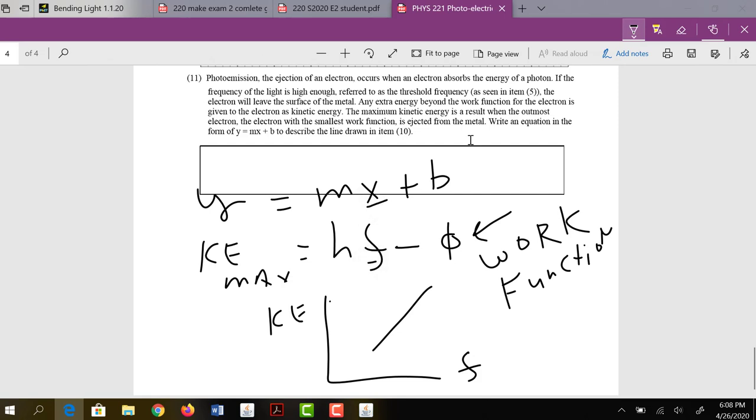So the role of x is being played by frequency. The role of y here is being played by the kinetic energy. And then the intercept, that's what b is, the intercept is the work function. So whatever comes in front of x is the slope. Whatever comes in front of frequency is Planck's constant.